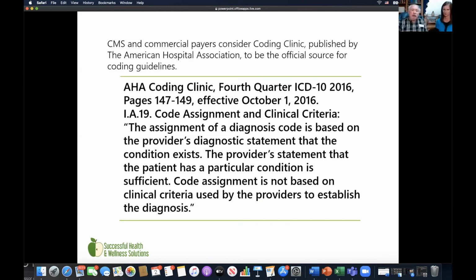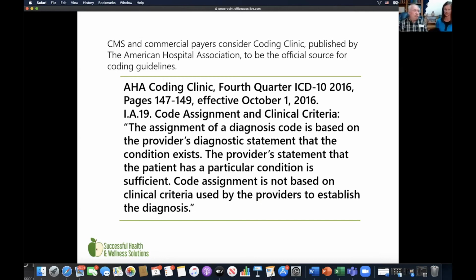So in October of 2016, this coding clinic came out, which addresses code assignment and clinical criteria. And we quote, "The assignment of diagnosis code is based on the provider's diagnostic statement that the condition exists. The provider's statement that the patient has a particular condition is sufficient. Code assignment is not based on clinical criteria used by the providers to establish the diagnosis."